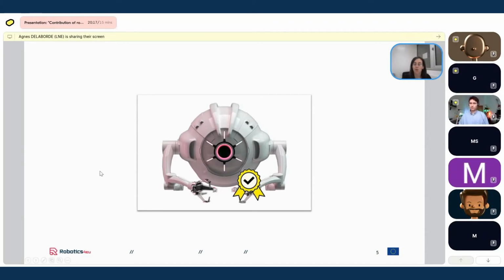So, we want to understand what is a mature robot and what is not a mature robot. So we want to understand if there can be some kind of a label, a kind of score of maturity that could be easy to understand by people, and above all, that could be useful for all the stakeholders involved around the robot.